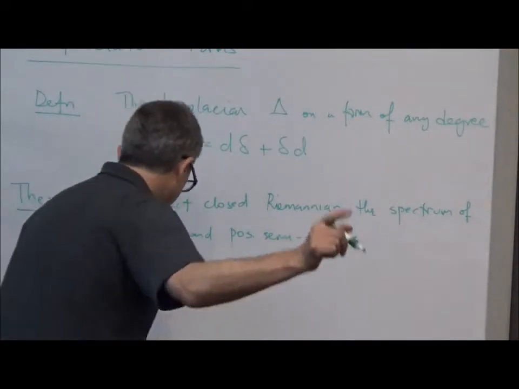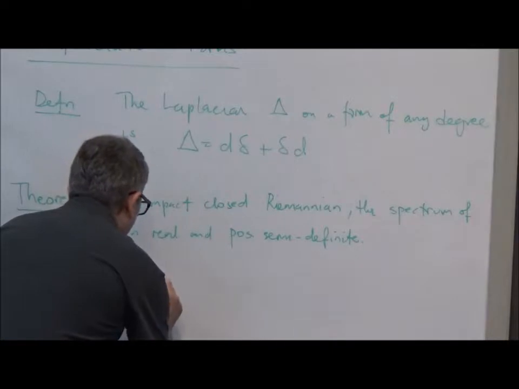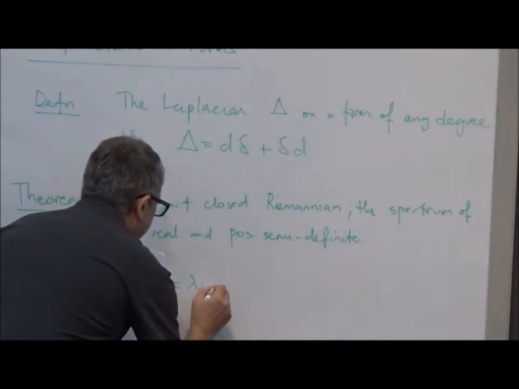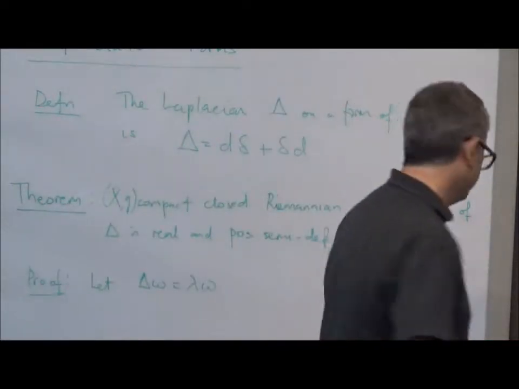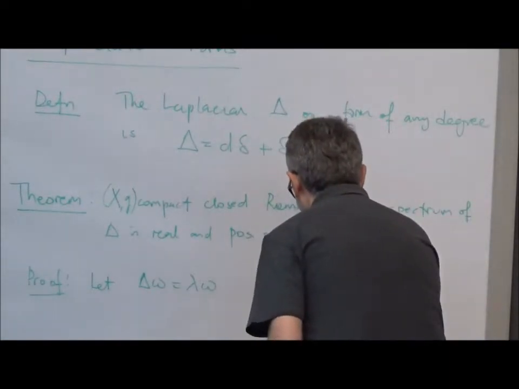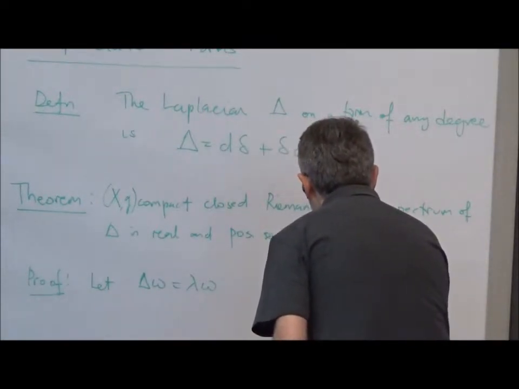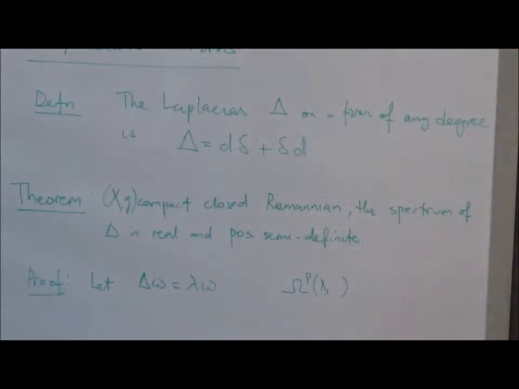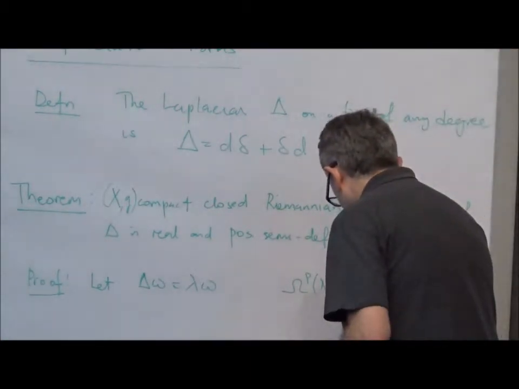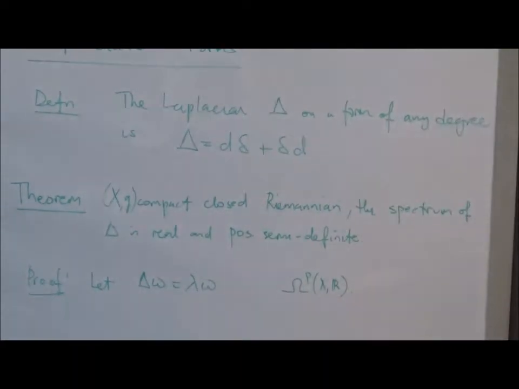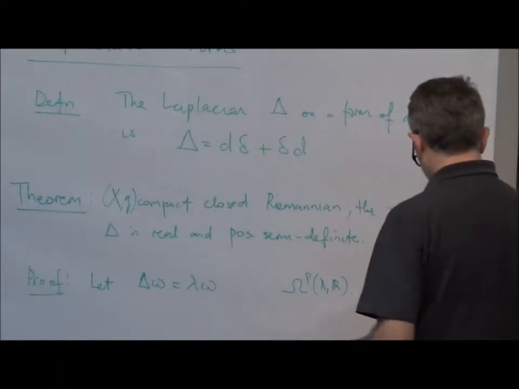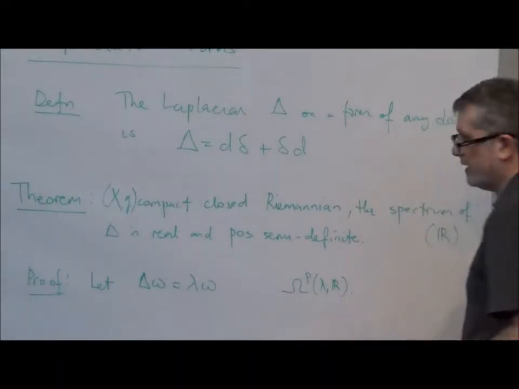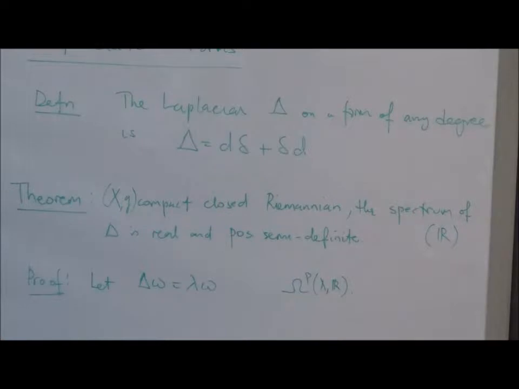So the spectrum. Let delta omega equal lambda omega. So omega is some p-form. And I'm going to take everybody in R. I should actually tell you everything is in R. If I want to do C, I'll talk about it in a nearby lecture.